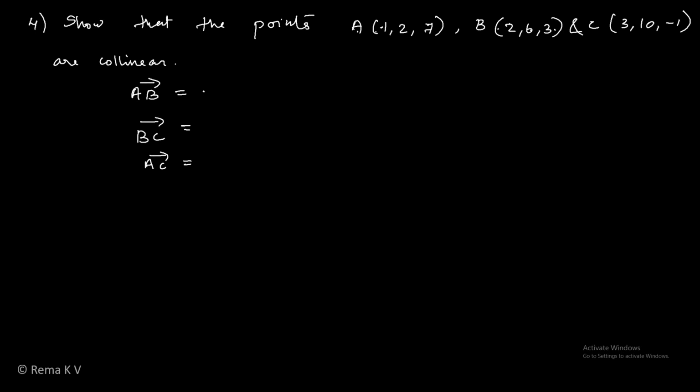So you will get AB as 2 minus 1 is 1i, 6 minus 2 is 4j, 3 minus 7 is minus 4k. Similarly, find BC and AC.